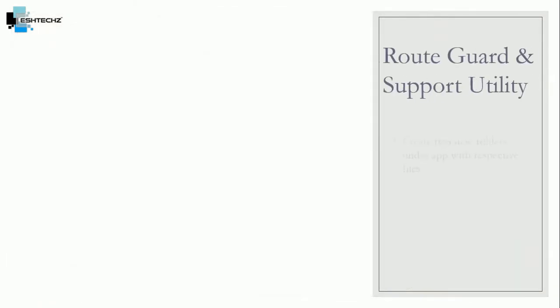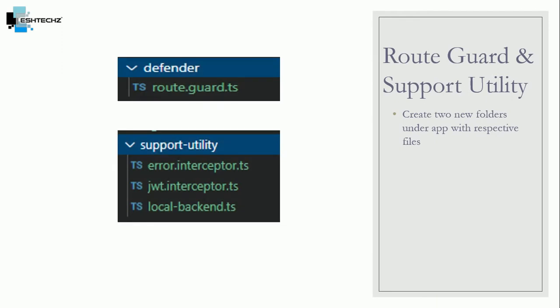So first thing is to create two new folders under app with respective files. Now app folder is the root folder. So the first folder, Defender, will contain root.guard.ts file, and the other folder, support utility, will contain three interceptors: error interceptor, JWT interceptor and local backend.ts file.